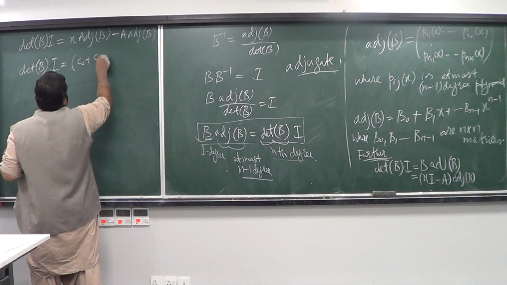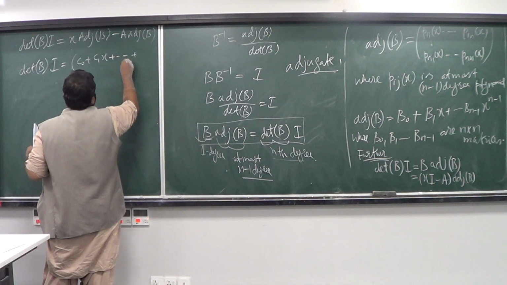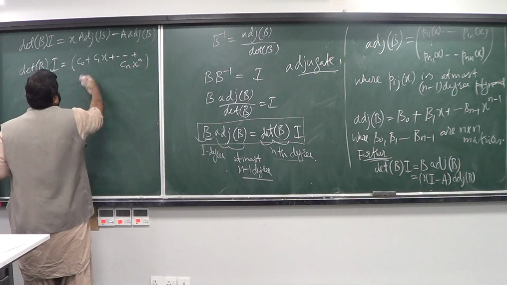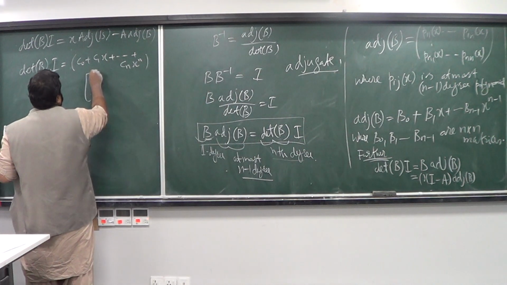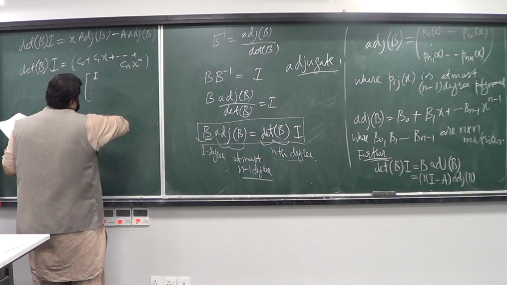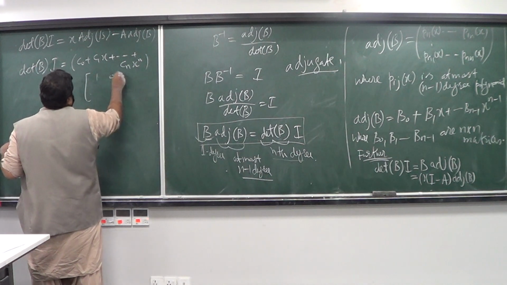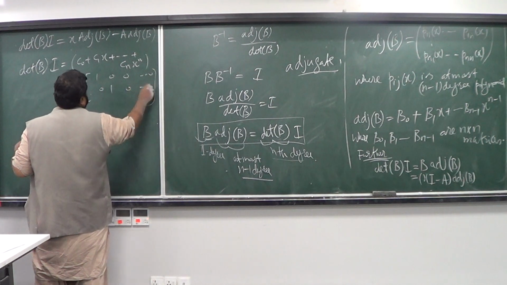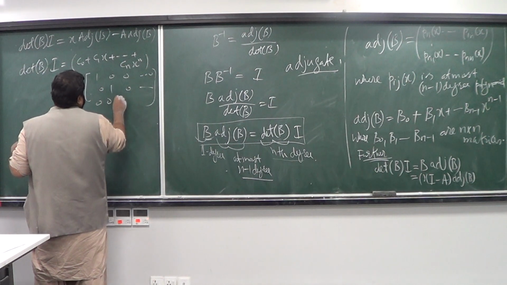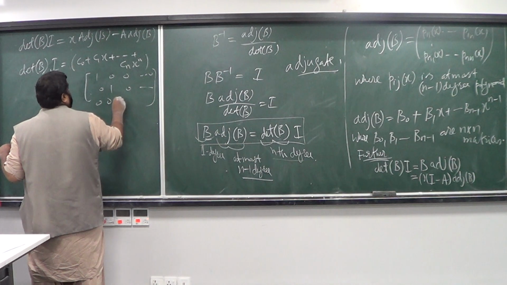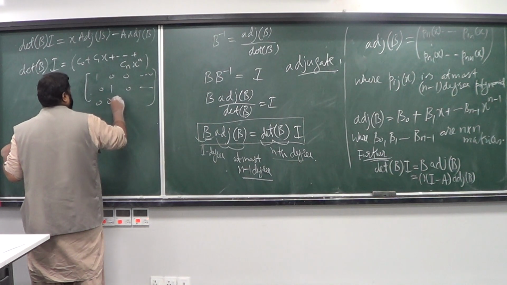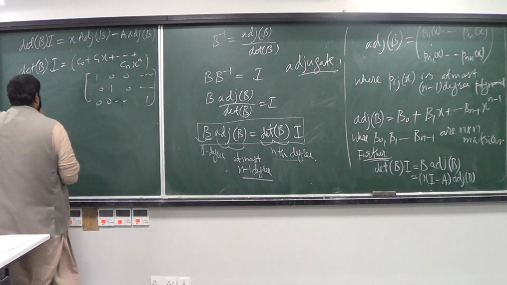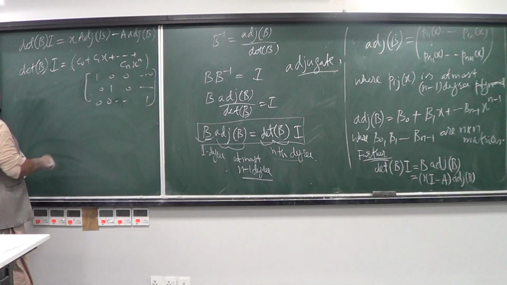C0 plus C1x plus so on and so forth, Cn x power n, multiplied with this matrix I, which is 1 0 0 0, 0 1 0 0, and so on, and 1 at the end actually. So it's an n by n matrix.